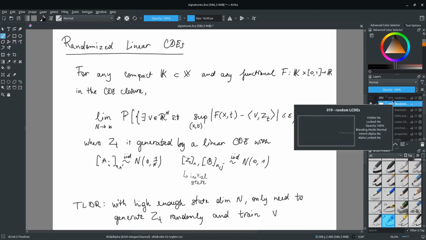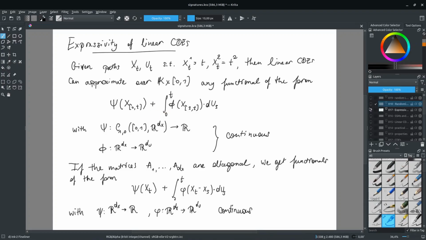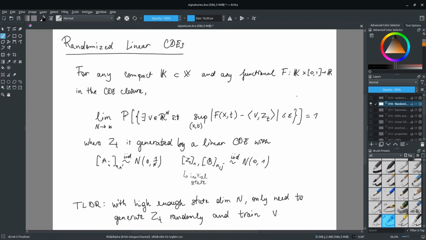Okay, so one other nice thing is that if I take again a compact subset of X, where X we can think of as the space of sequences I care about, and then take some subset of it that's nice enough to work with, then for any functional of the form shown previously, you can sample a random linear CDE, which we get through Z. So Z of t is just a linear CDE with the A matrices and the B matrices and even the initial state generated randomly from Gaussians, so super easy.